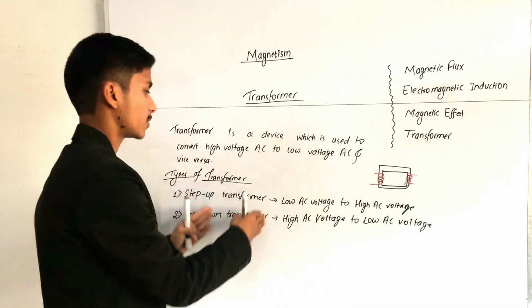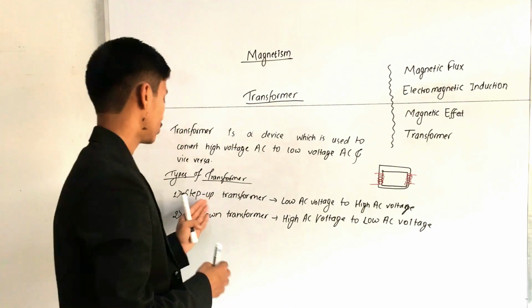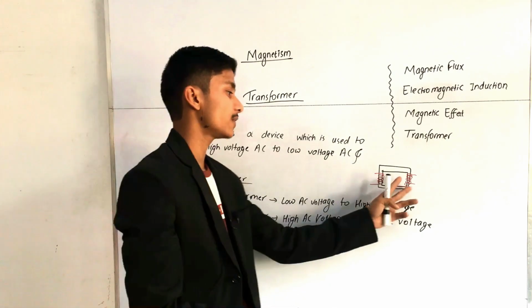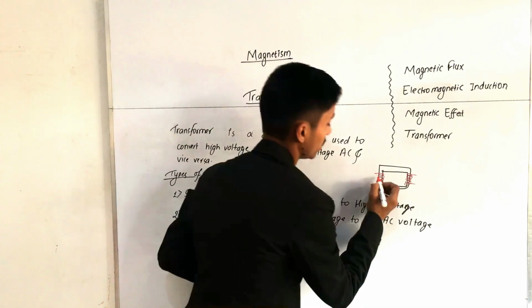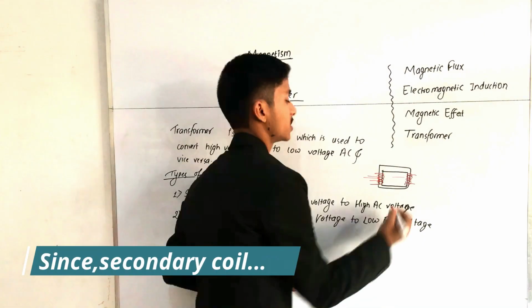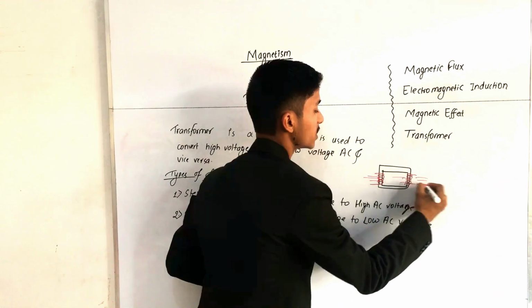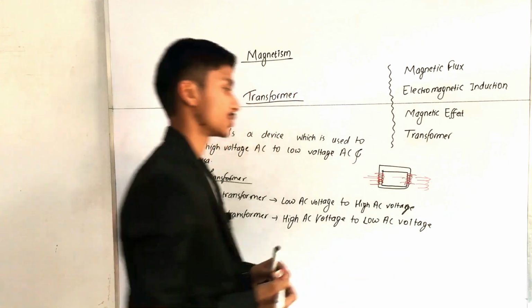In a step up transformer, the number of turns in the primary coil is low, and the number of turns in the secondary coil is greater. So when the electricity is passed here, since the secondary coil is greater, more electricity is induced.